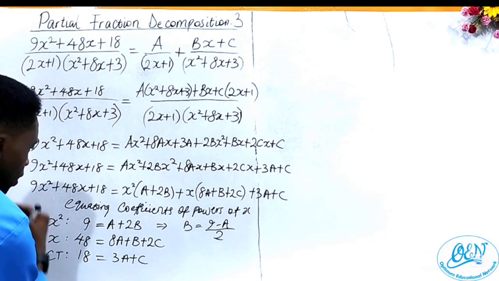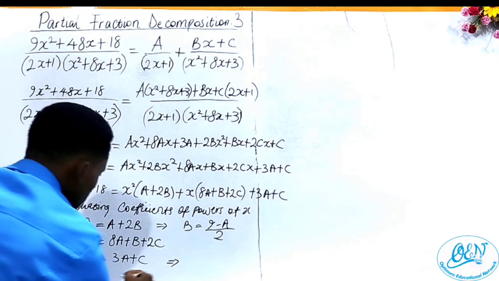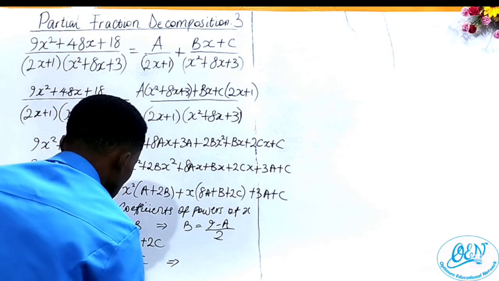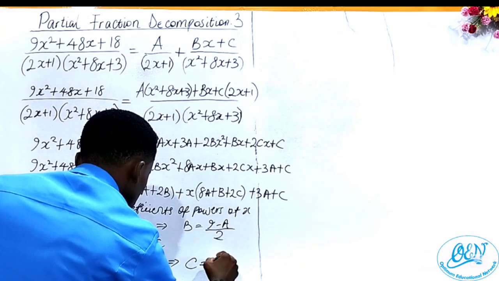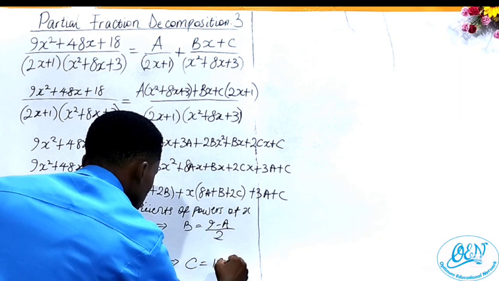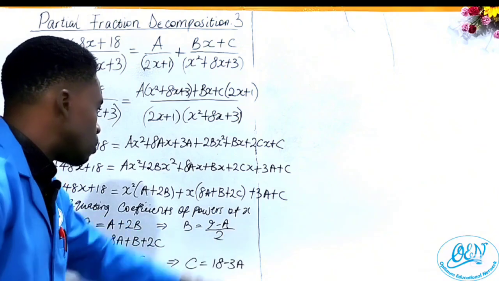Then c is simply 18 minus 3a. So we have this in terms of a.